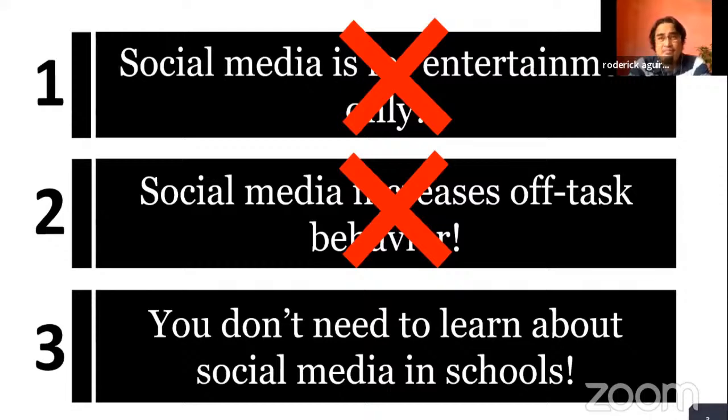So I think it's not the social media that makes a person bad. It's the person per se. So if you want to change how people use social media, then we have to help students change.